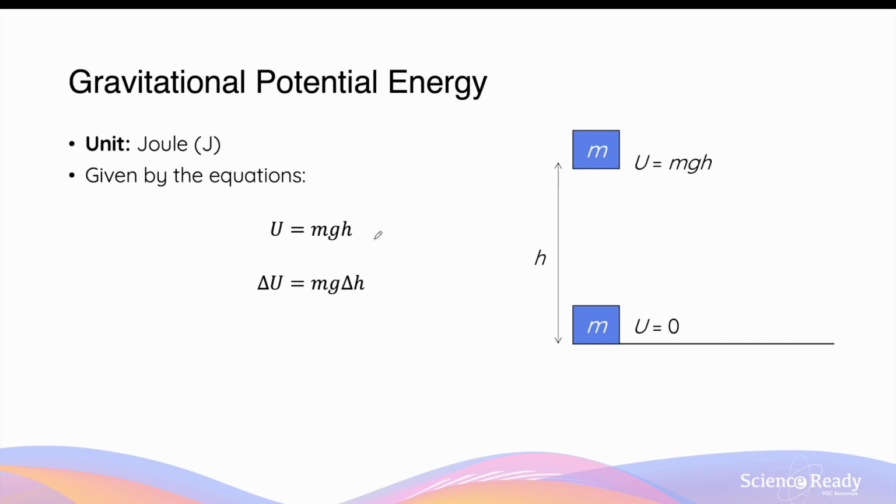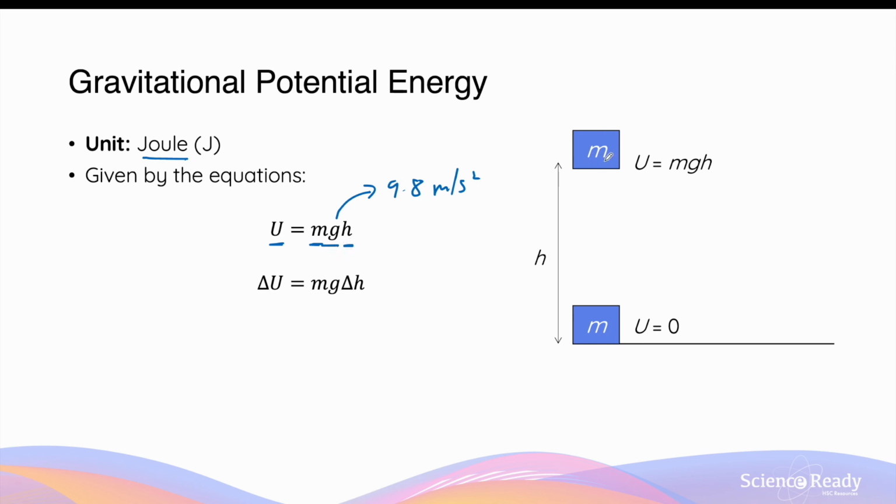Like all other forms of energy, gravitational potential energy is also a scalar quantity with the units of joules, and it is represented commonly by the letter U and equals the mass of the object multiplied by the value of gravity, which on Earth is an average value of 9.8 meters per second squared, and multiplied by the height of the object from the ground.